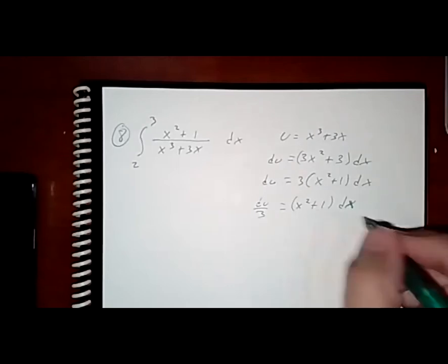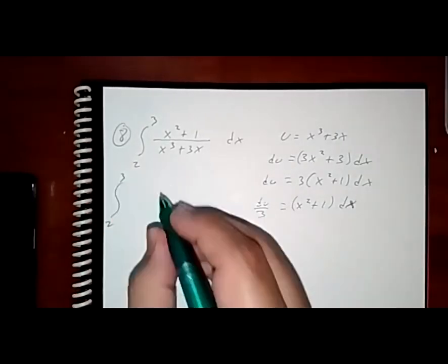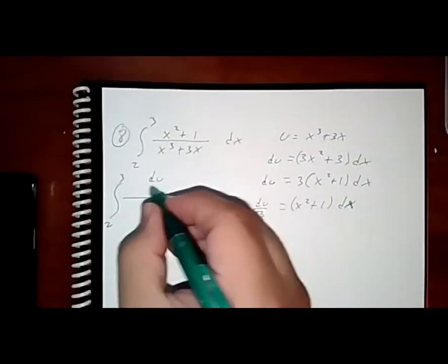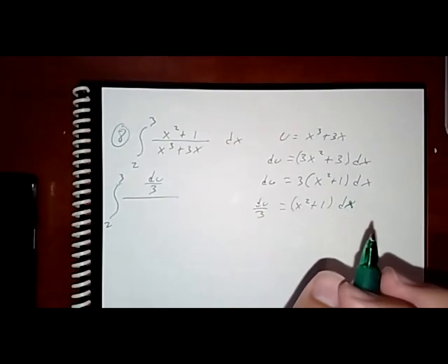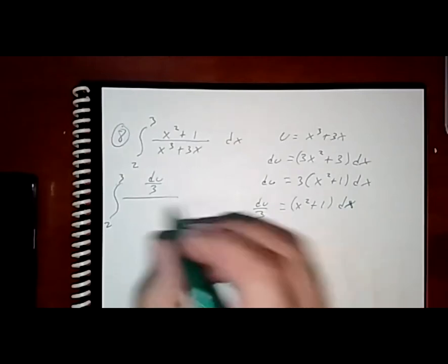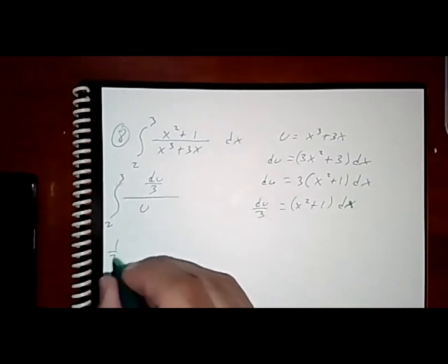That's on top. So this will be du over 3, and the bottom is u.